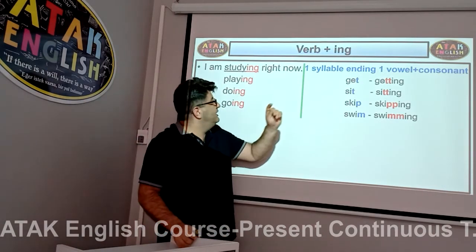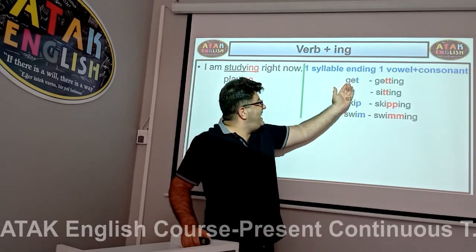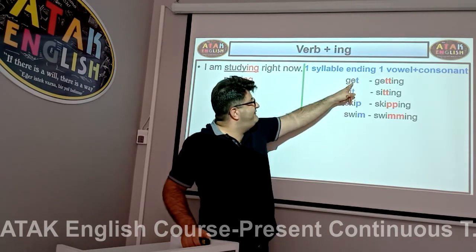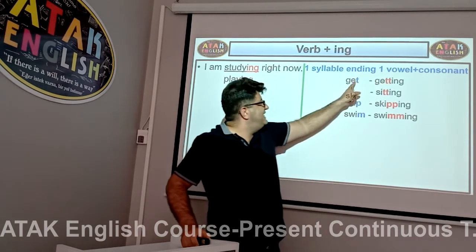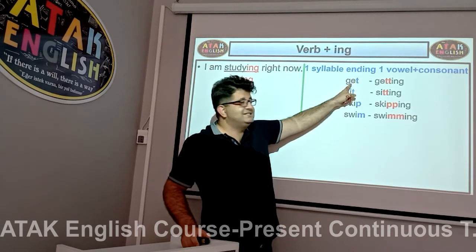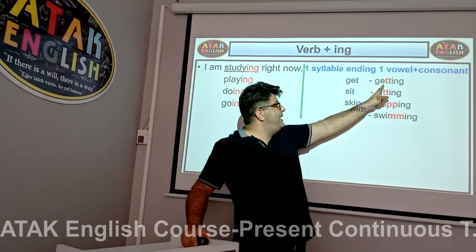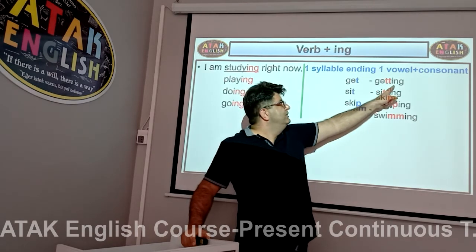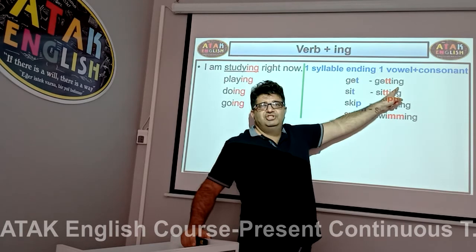Okay. Then get, it finishes with T, but there's a vowel sound right before the last letter. And what happens? It becomes double T to be able to put ing at the end.